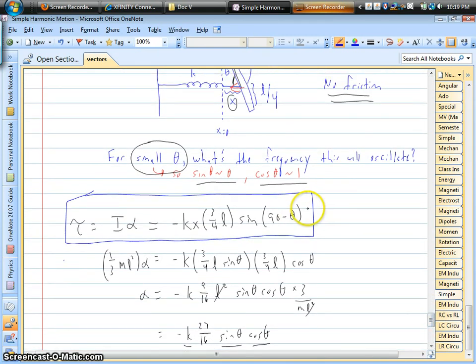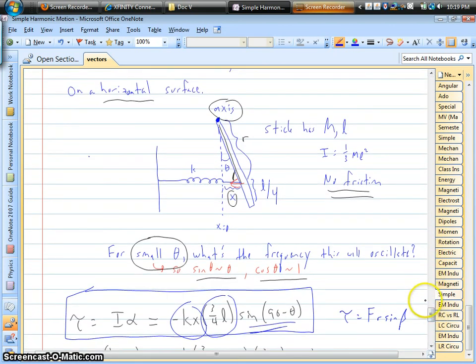As far as what's causing the torque, well, we have our F. If we think of torque as Fr sine of some angle, our force is the spring force. It's a certain distance from the axis of rotation. And then we have the sine of the angle between the radius and the force. That was our starting point.